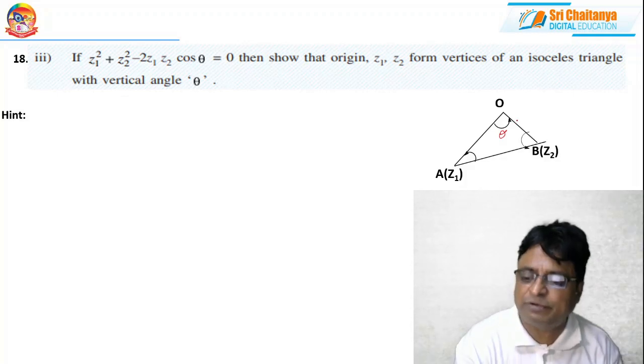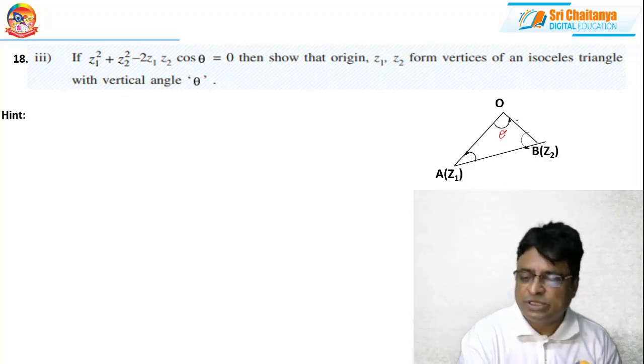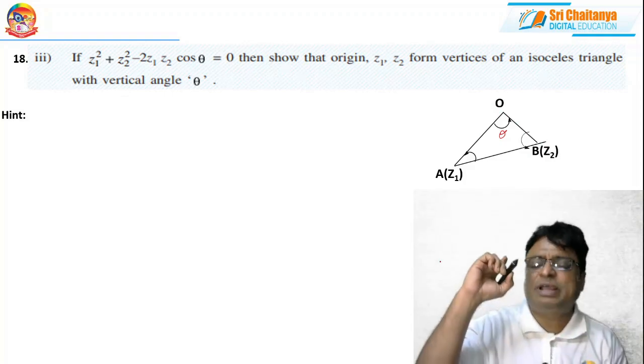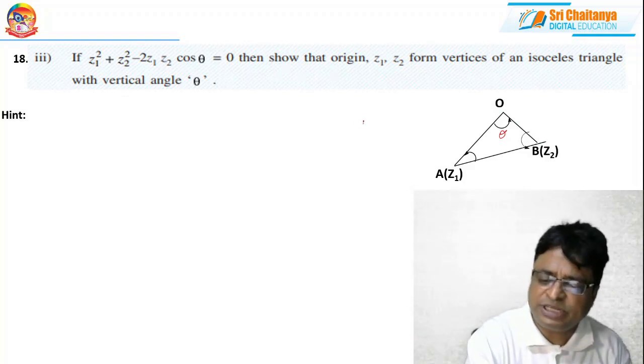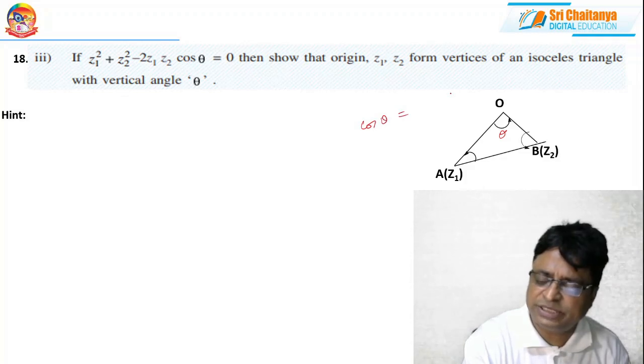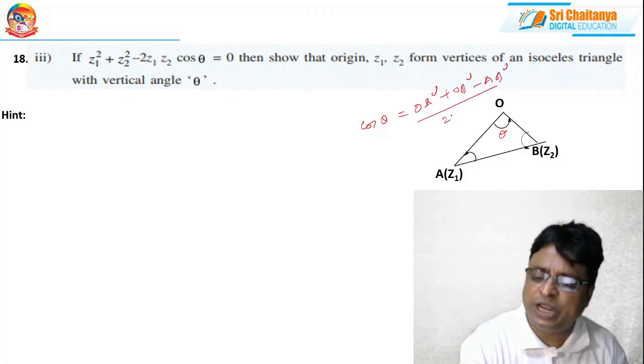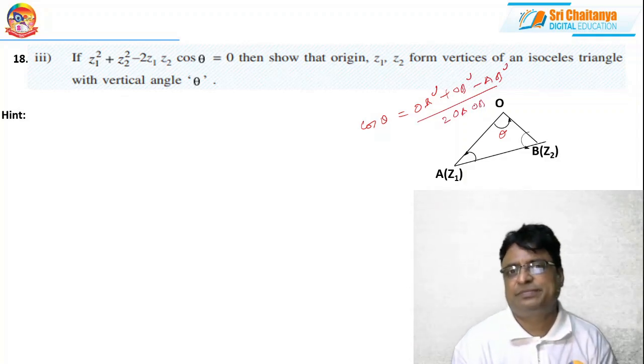This theta we have to find. So from this triangle, I apply the cosine rule. The cos theta is OA square plus OB square minus AB square by 2 OA OB. Isn't it? This is my cos theta.